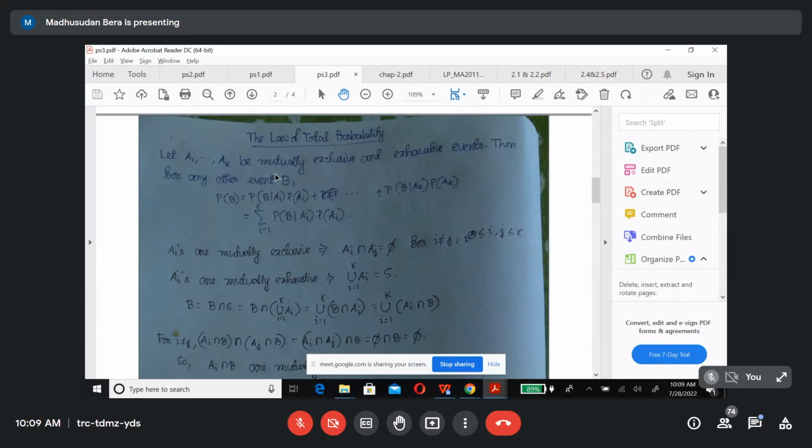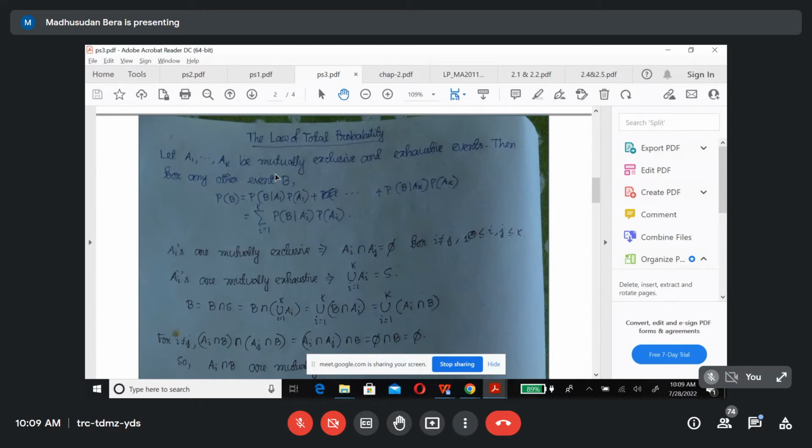For any event means whatever event you choose. If you know P of Ai and P of B given Ai, then you can find P of B by this formula. Okay. Any other?